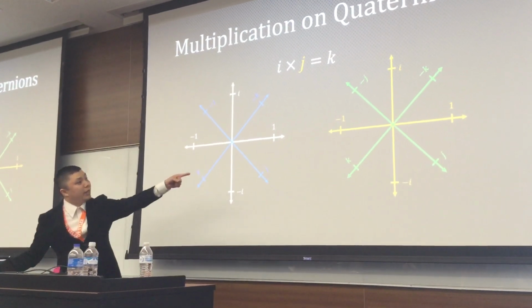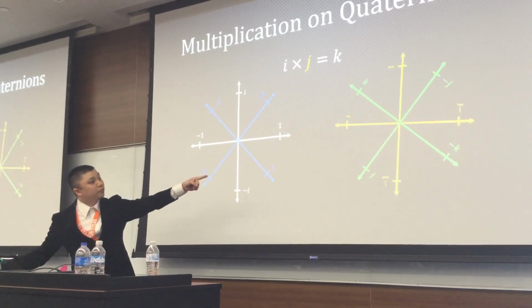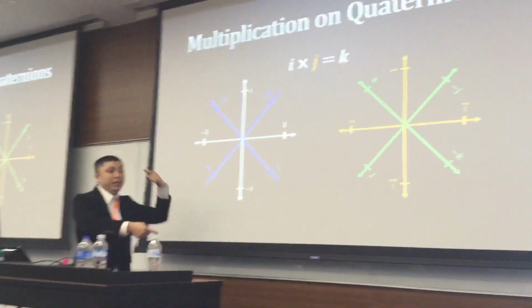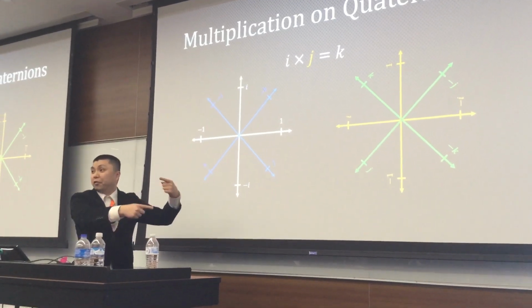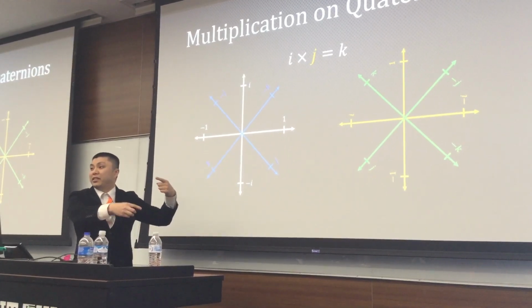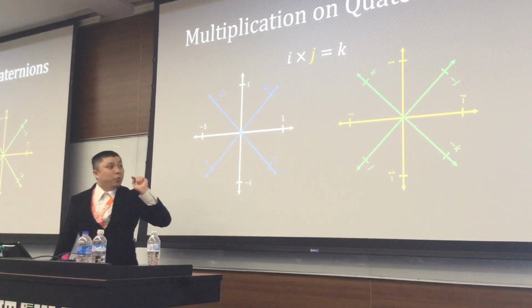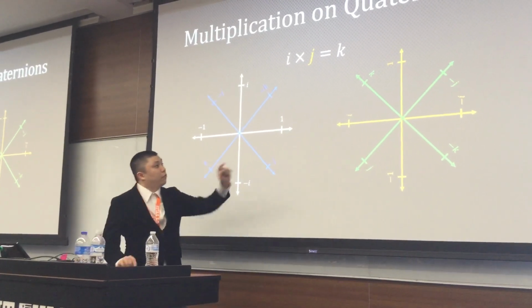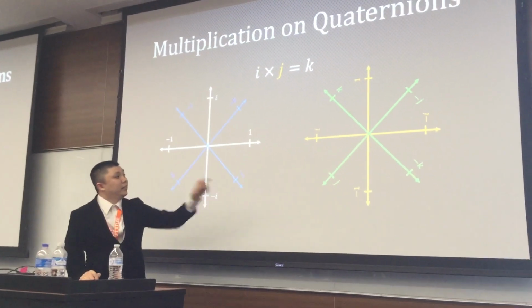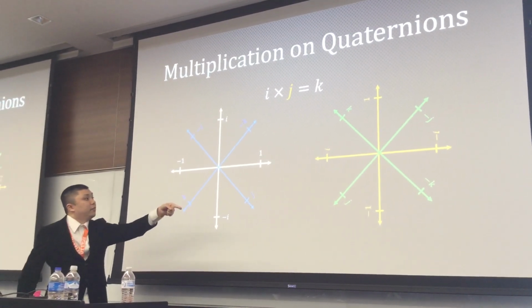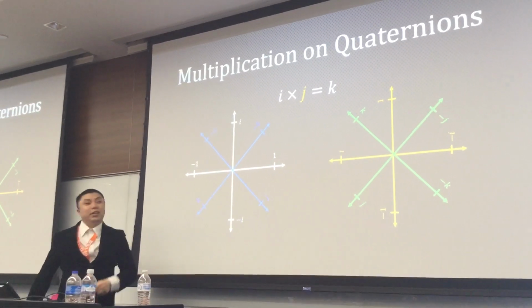So when you pay attention to this one, it looks like the plane is rotating otherwise, but it's not necessarily always otherwise. What's important is when you multiply and when you rotate, how do I say it?